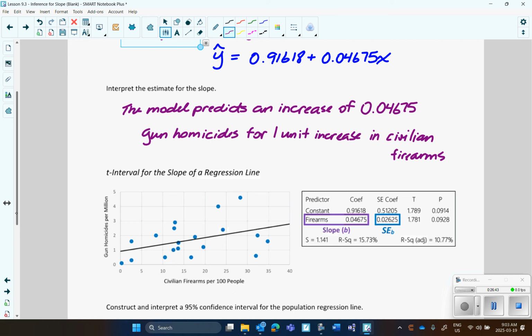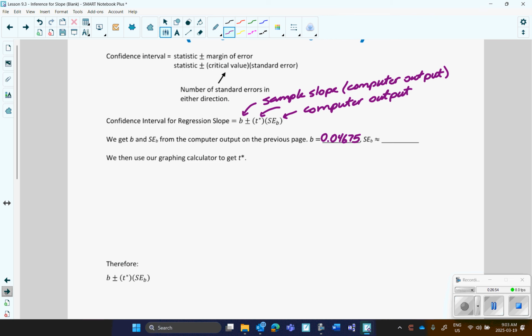It says standard error, and then you go to the slope row, and that's the number. So it's 0.02625. So we've got little b, we've got the standard error of little b, we just have to calculate t.